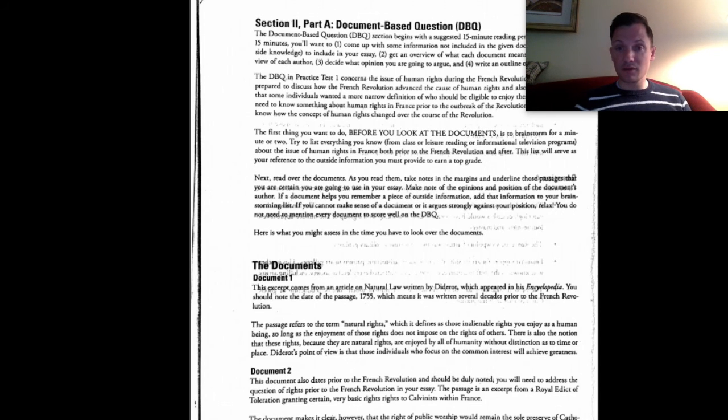This first one has documents reflecting human rights during the French Revolution. That's what one will look like. It has no answer and no writing sample. But this second document maps out how to write that example.